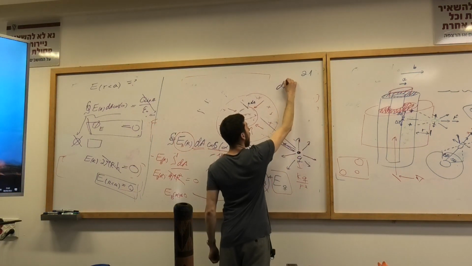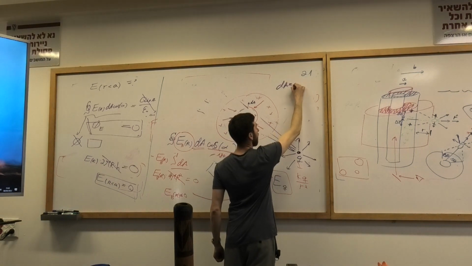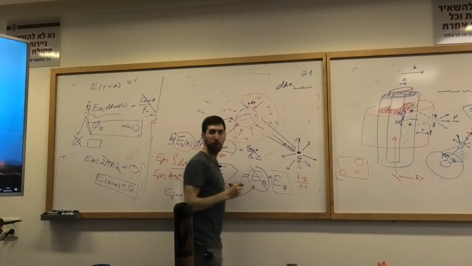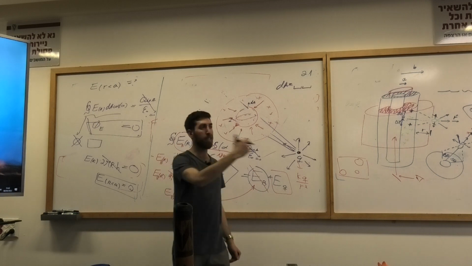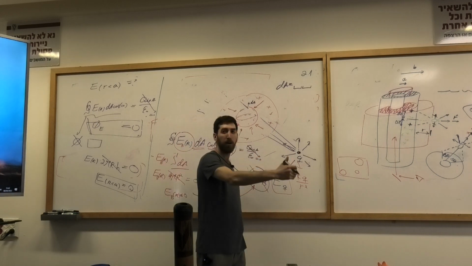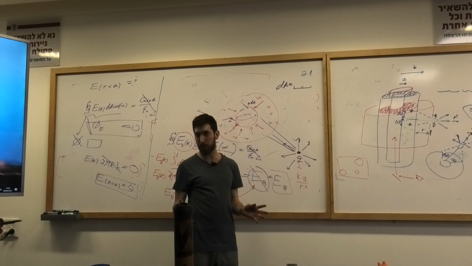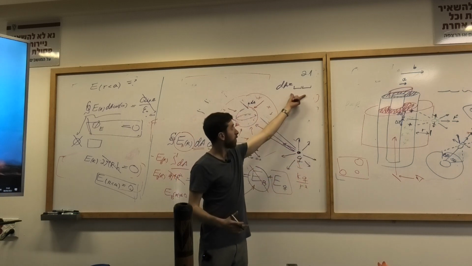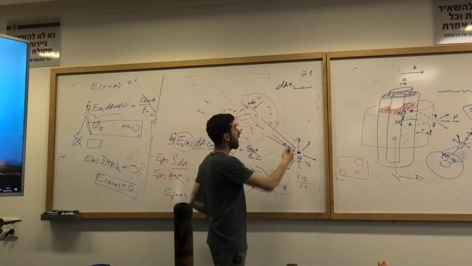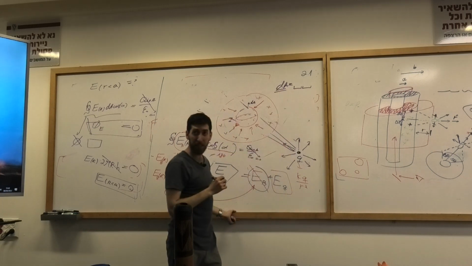dA is always equal to two variables. It could be dx dy, dz dx, dr r dθ, dr dz. It could be many things, right? But what you need to remember is, do I need to actually solve the integral?